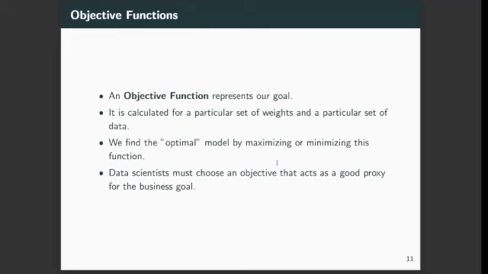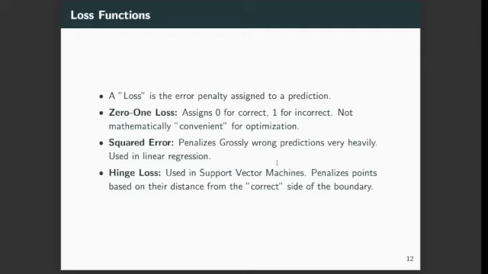First, we use the objective function, which represents our goal. We calculate this function for a specific set of weights and data, and then we find the optimal model by either maximizing or minimizing it. As a data scientist, we must choose an objective that serves as a good proxy for our actual business goals. Then we can look at the loss function, which represents the error penalty for prediction.